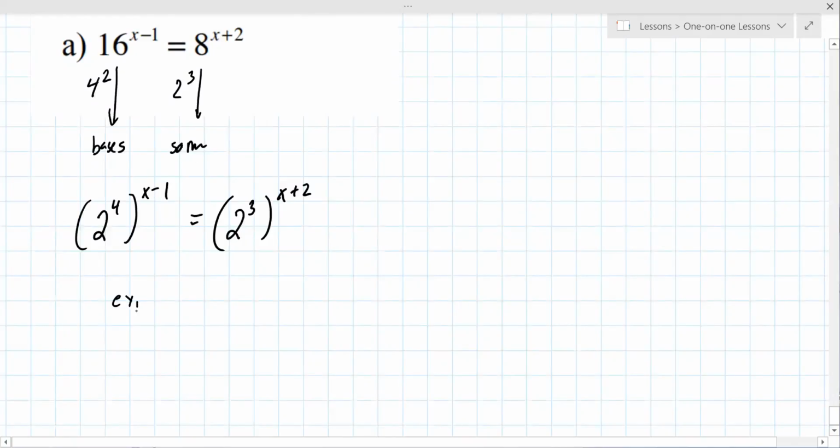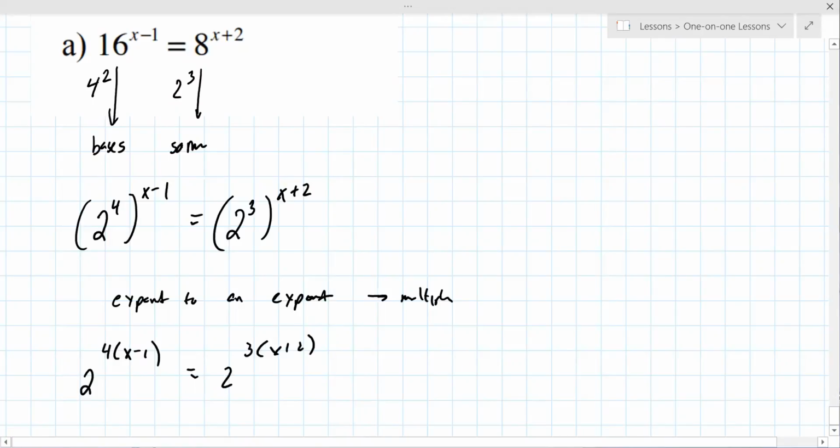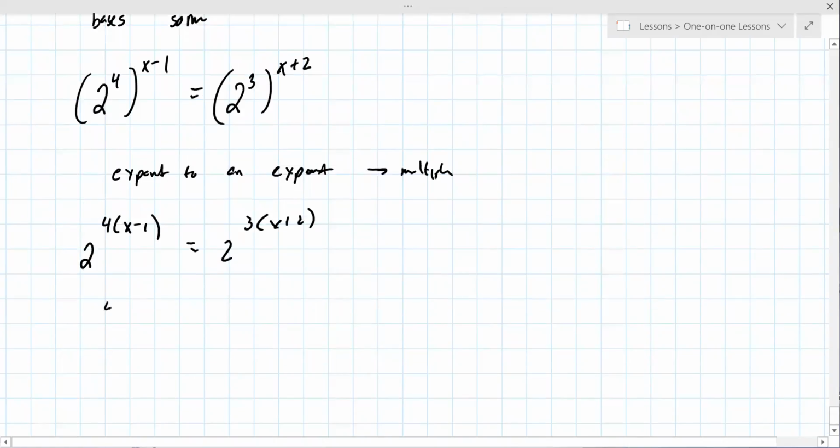When you have an exponent to an exponent, which is what we have here, and we had in a previous problem, you multiply. So this is 2 to the 4 times x minus 1 equals 2 to the 3 times x plus 2. So that's 4x minus 1, and that's 3x plus 6.